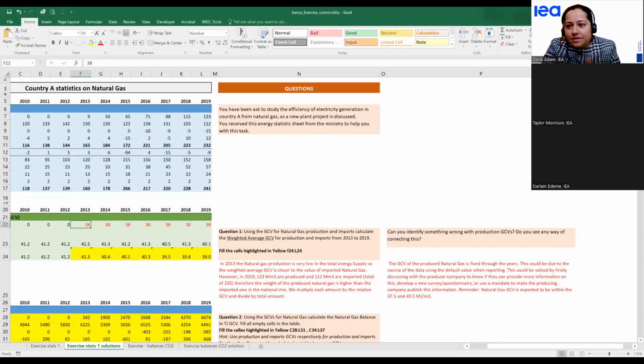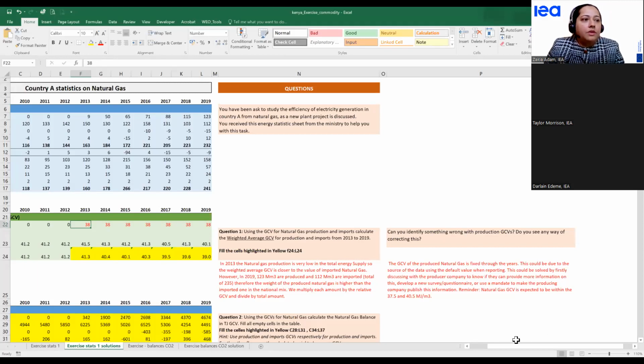Sometimes we know that if it's not mandatory, then companies don't think it's important to report these calorific values. So making it compulsory to report it at the same time as the quantities makes it easier for statistical officers and ministries to get that information.